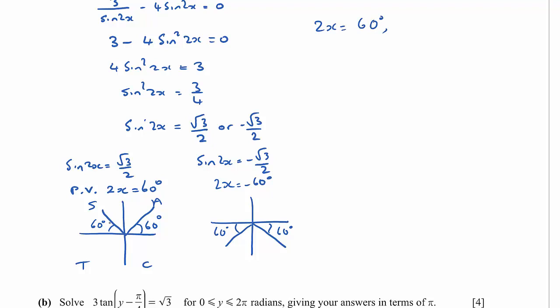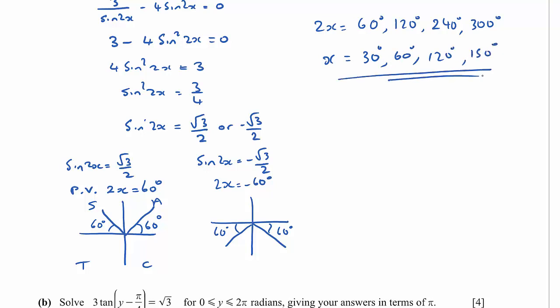The next one would be here, and that's 120 degrees. The next one would be here, which is 240 degrees, and the next one would be here, which is 300 degrees. And that means that x would be 30, 60, 120, or 150.